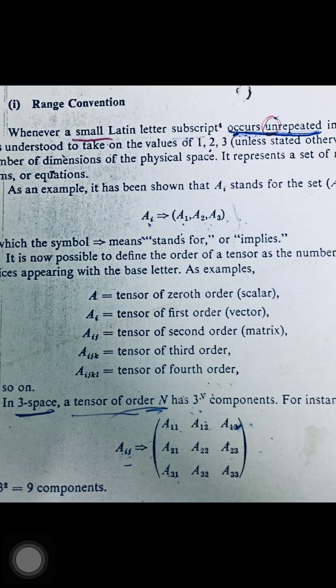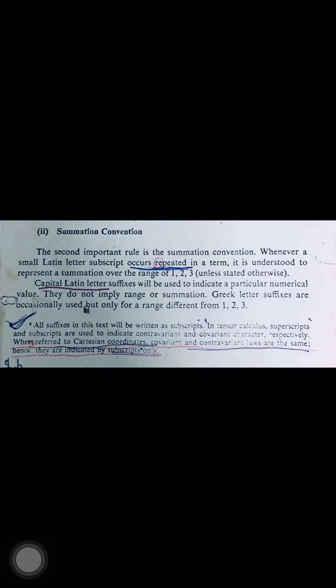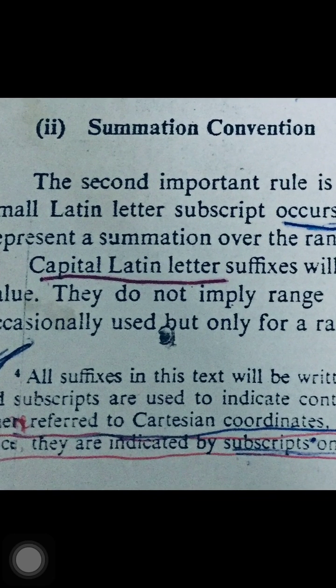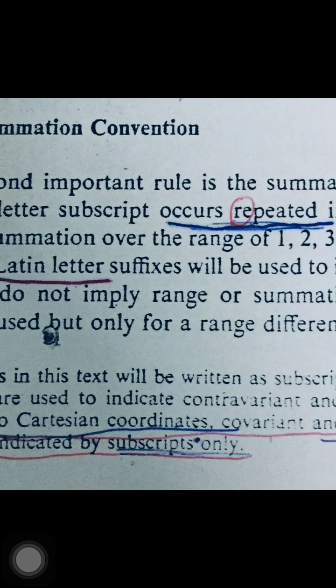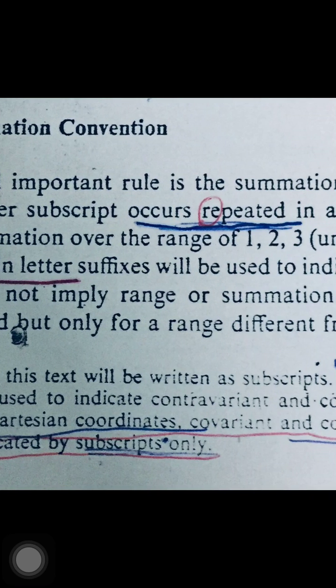And opposite to that, we have summation convention. This is summation convention. The second important rule in the summation convention: wherever a small Latin letter subscript occurs repeatedly, it is repeated. So this is the difference between range convention and summation convention.